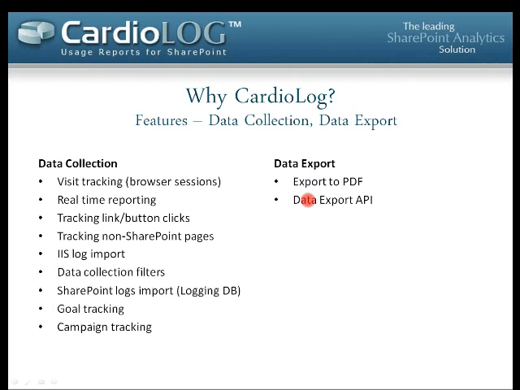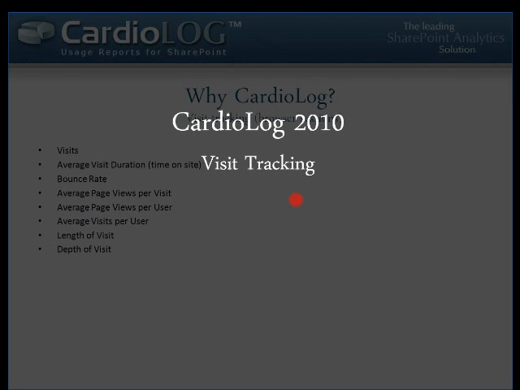And Data Export API is the ability to use our API to run reports with a web service and have an XML structure for the report results or an image chart which can be used for embedding into other applications such as your SharePoint portal.